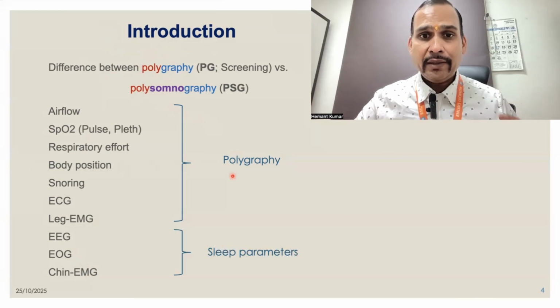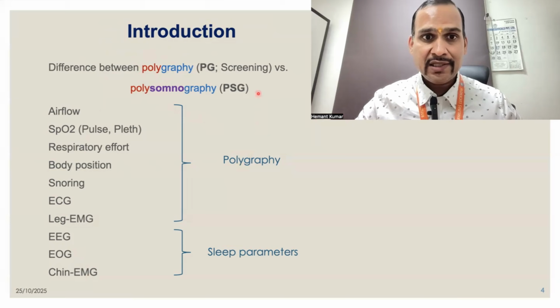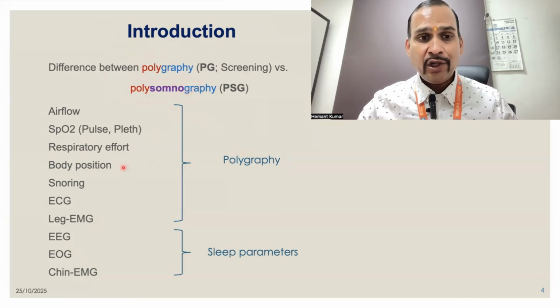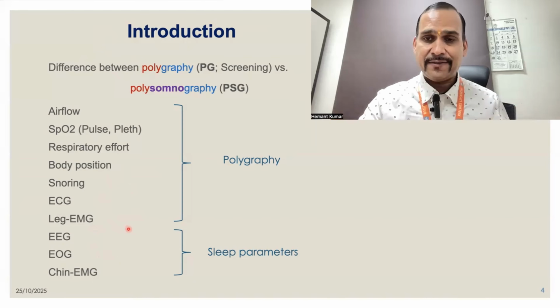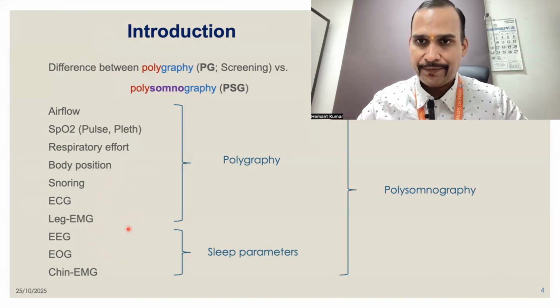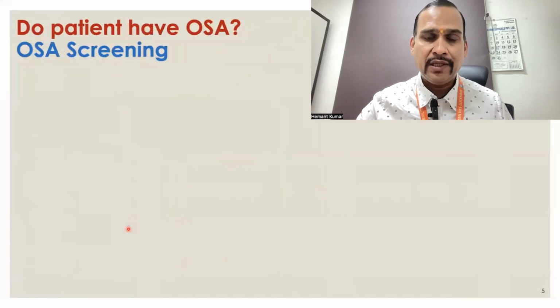If we are recording multiple channels while sleeping, somno means sleep. It has three components: poly, somno, graphy. Multiple, sleep, recording. If you are recording multiple things in the sleep phase, then this is called polysomnography. So this is the difference between polygraphy and polysomnography.